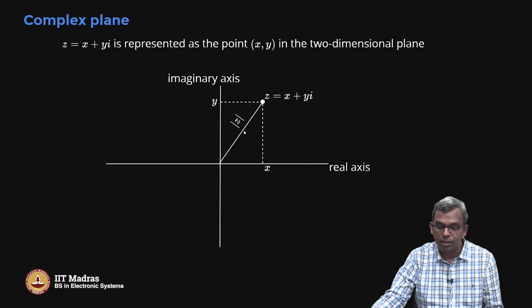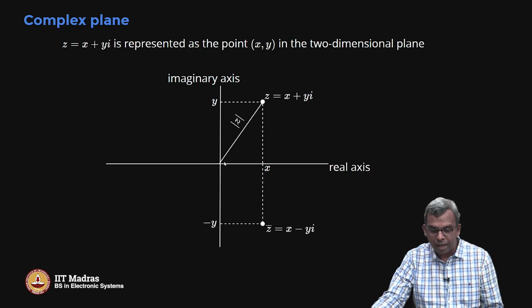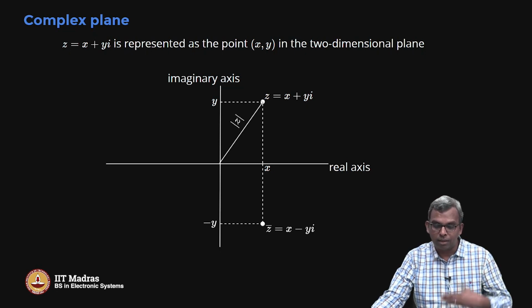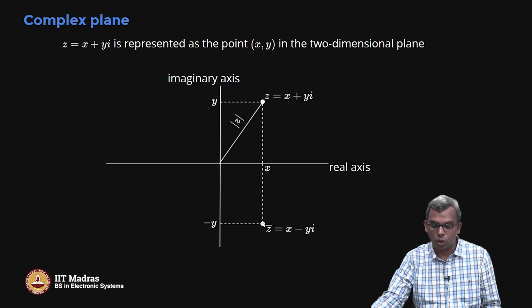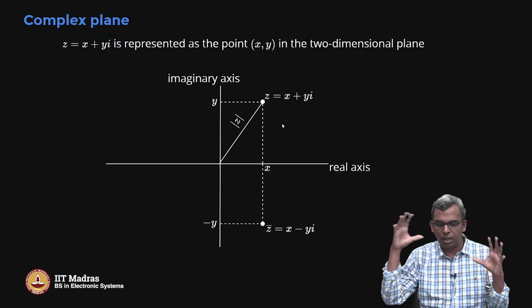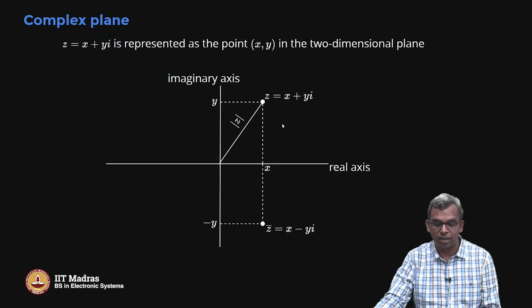This is an interesting observation. And in fact, the conjugate is this other point here, x minus iy. X plus yi is z, and its reflection about the x-axis is the conjugate z bar. So mod z and z bar can be associated with z, and very naturally you get a visual, pictorial representation of these things.